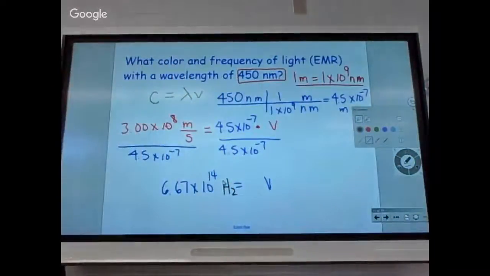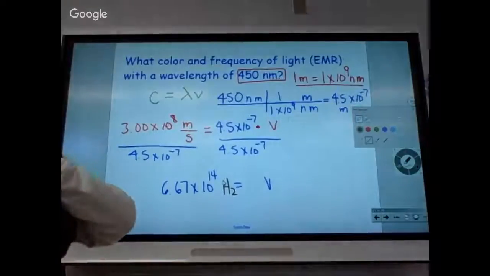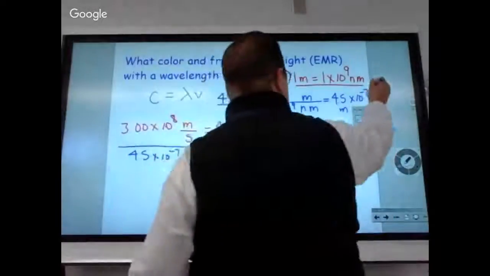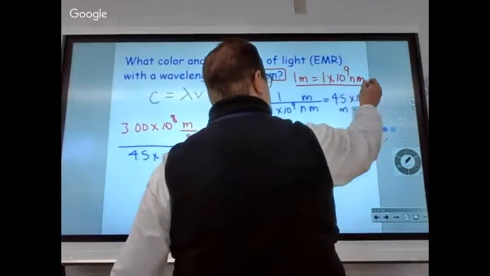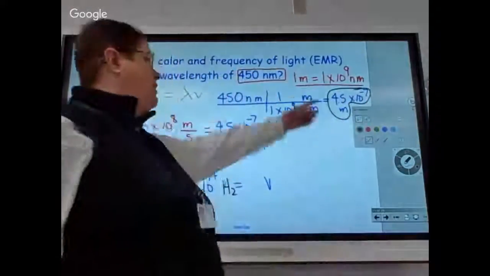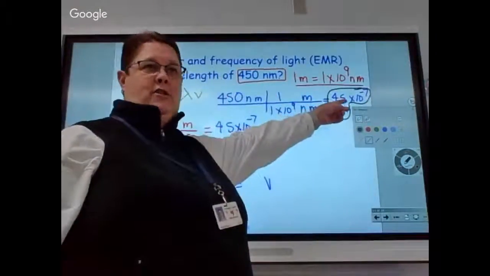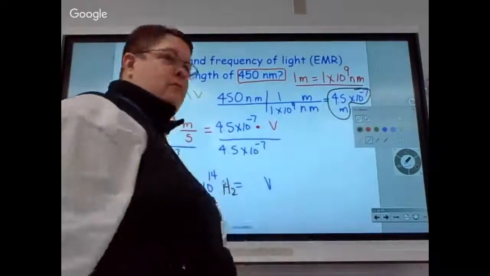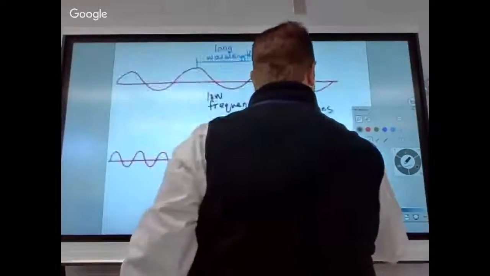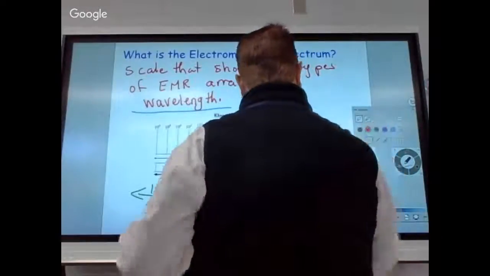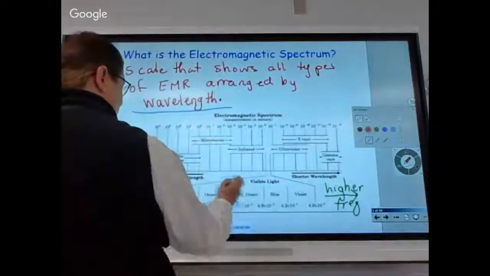Now, for color, where do we find color? By looking at the chart. Right here we changed it into meters: 4.5 times 10 to the negative 7th meters. That's your wavelength. The chart's in wavelengths.